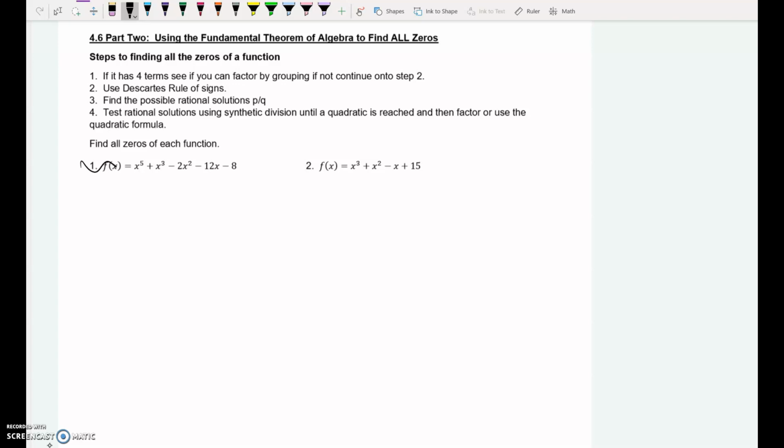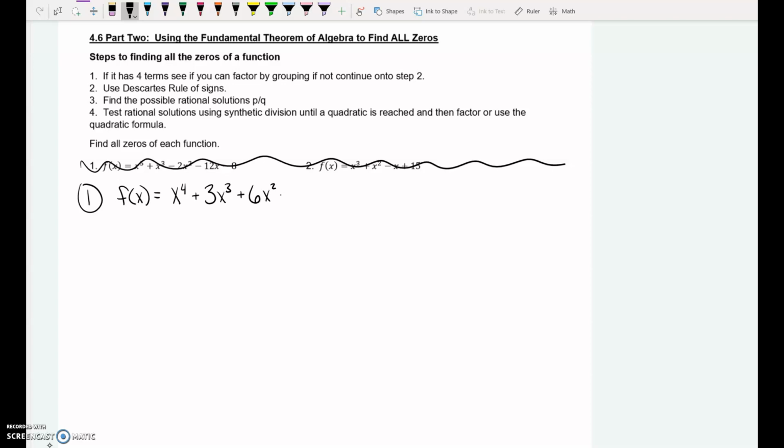So we are going to start our first example with f of x equals x to the fourth plus 3x to the third plus 6x squared plus 12x plus 8.